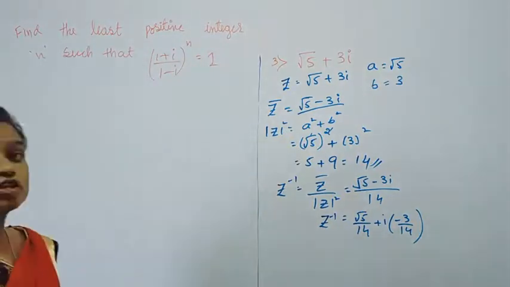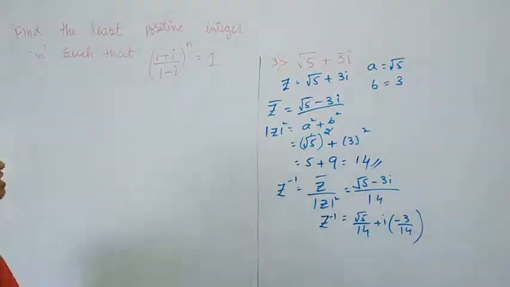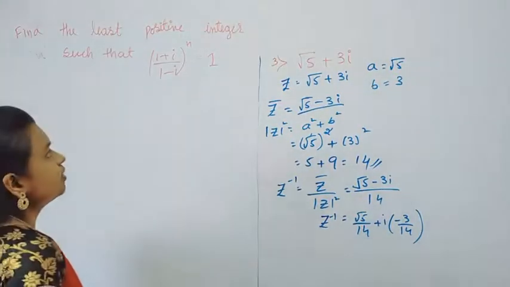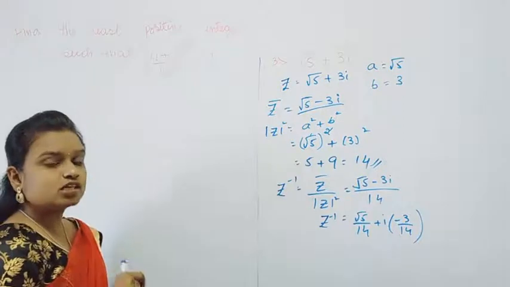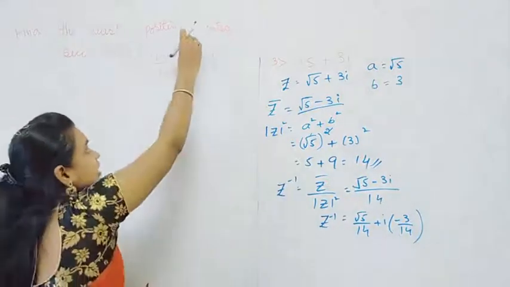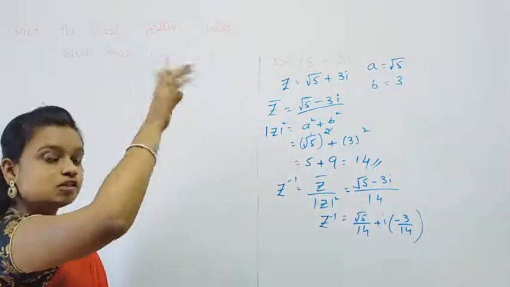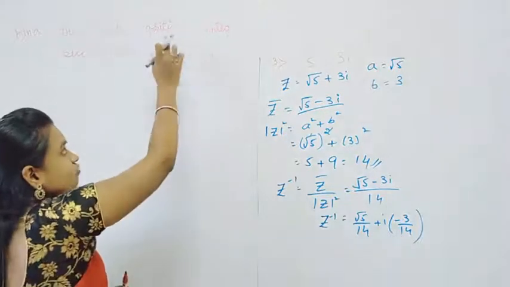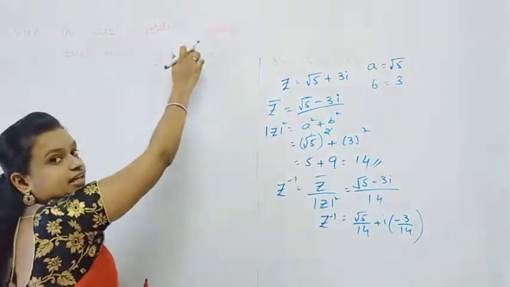Find the least positive integer n such that (1 plus i by 1 minus i) whole power n is equal to 1. So we have to find the least positive possible integer n, for that this power n is equal to 1.